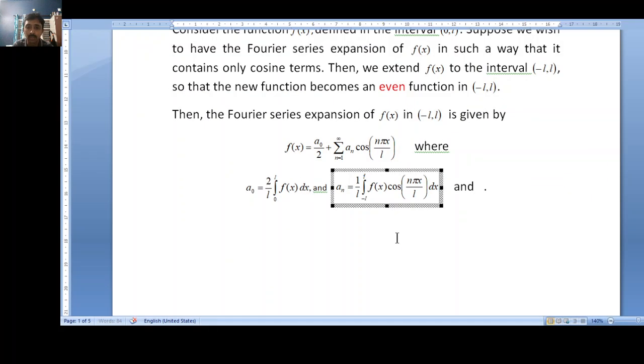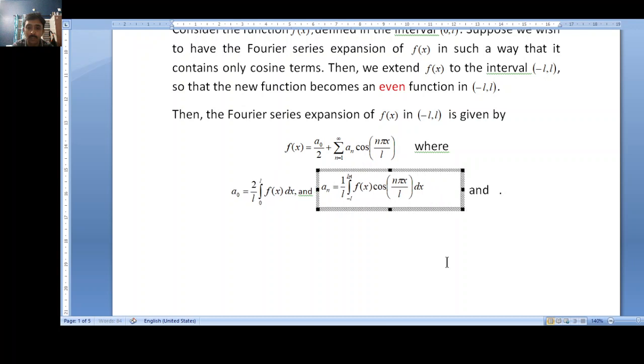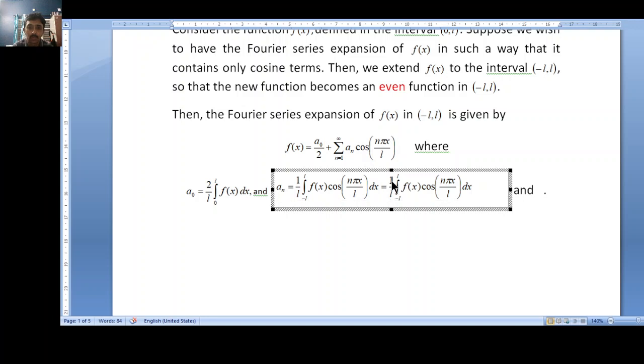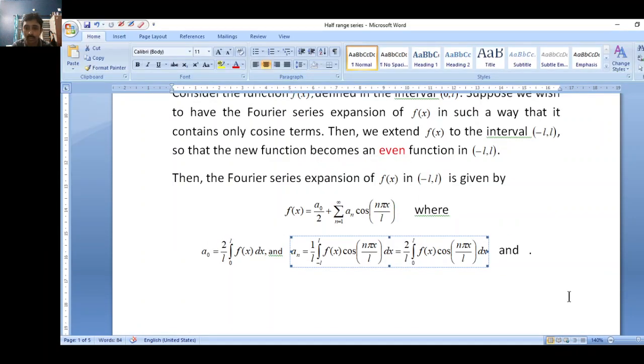But because f of x is an even function, we're going to see that this integral will change to 2 by L integral 0 to L f of x cos n pi x by L dx.